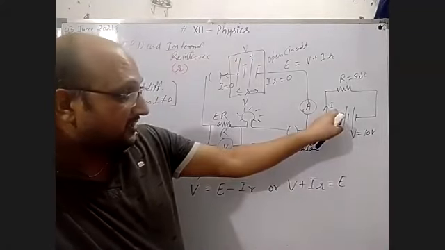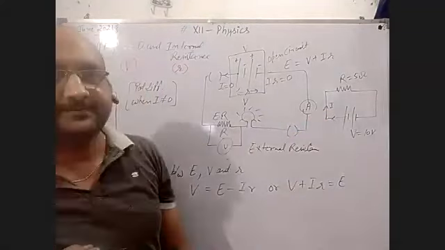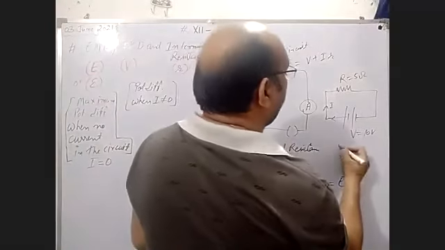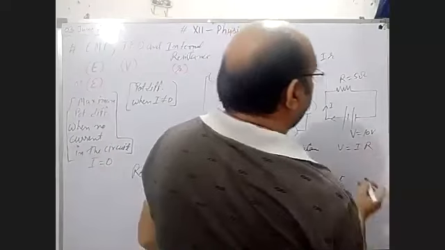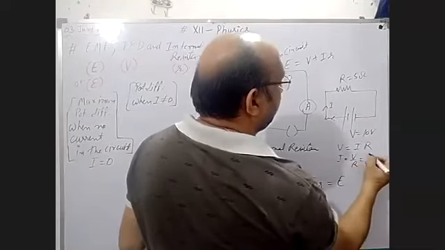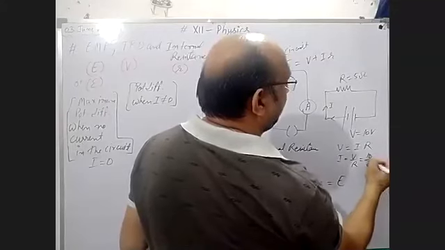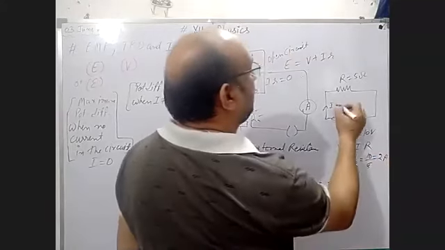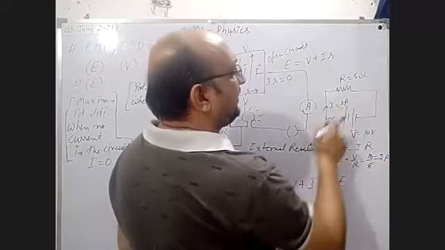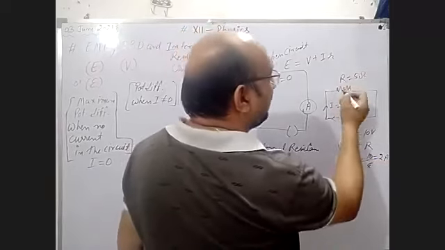Then how much current is drawn from the battery? Simple logic: by Ohm's law, we calculate the value of I by taking the ratio of V by R, that is 10 upon 5, 2 ampere. This 2 ampere through R makes the voltage here.